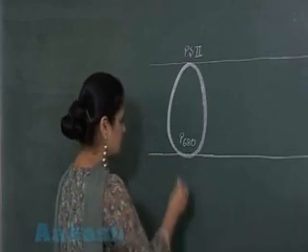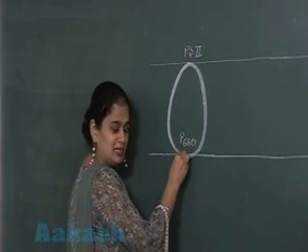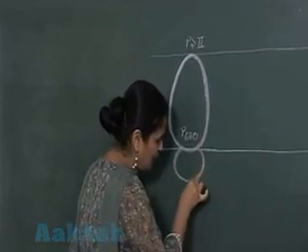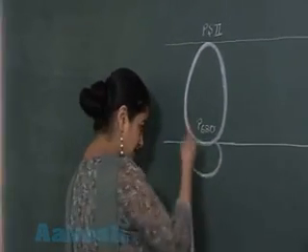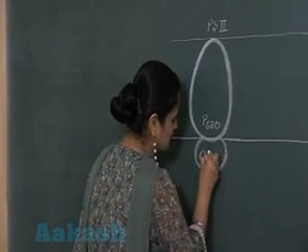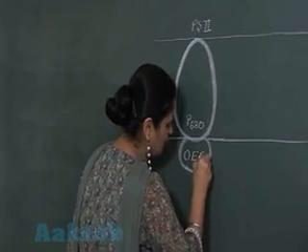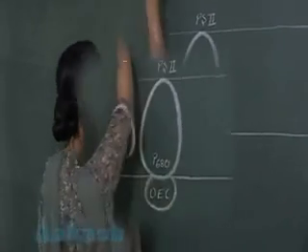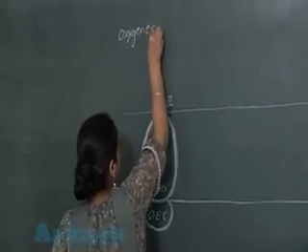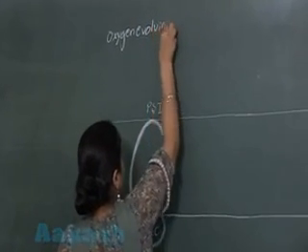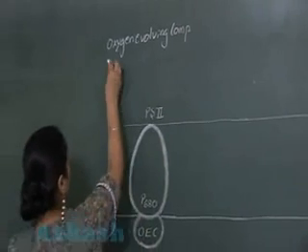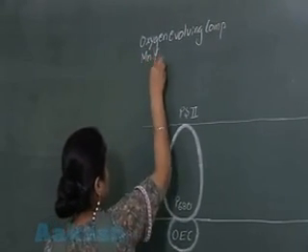Now, on the inner side of the thylakoid membrane, there is attachment of one complex to photosystem 2. This complex attached here is the OEC, the oxygen evolving complex, also known as the manganese complex.